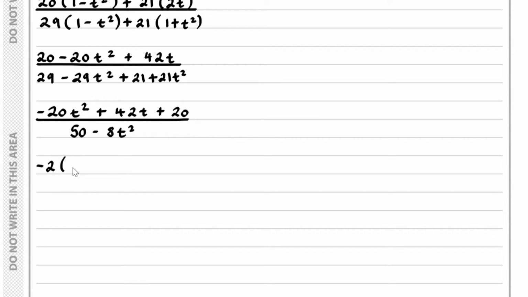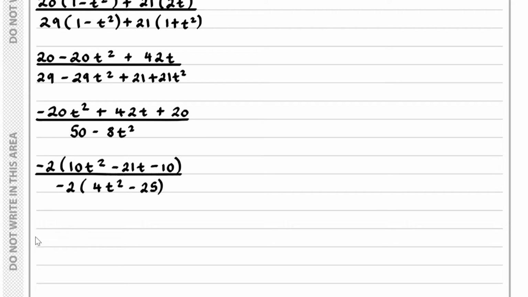Now we can factorize a negative 2 from the top and bottom. So I've got negative 2 multiplied by 10t squared subtract 21t subtract 10, and on the bottom, if I factorize out a negative 2, we would have 4t squared subtract 25.